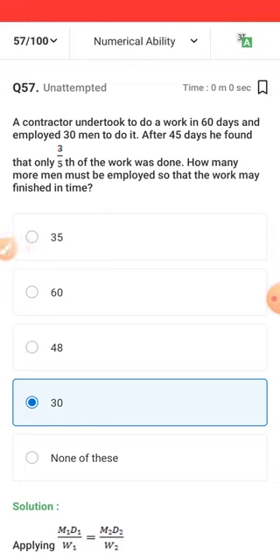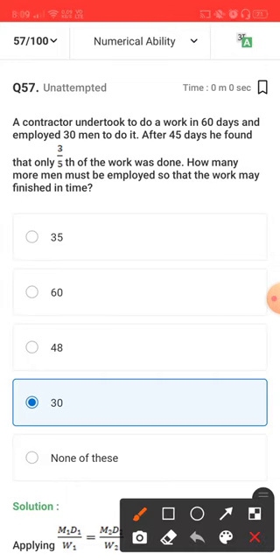Next problem. A contractor undertook to do a work in 60 days and employed 30 men to do it.